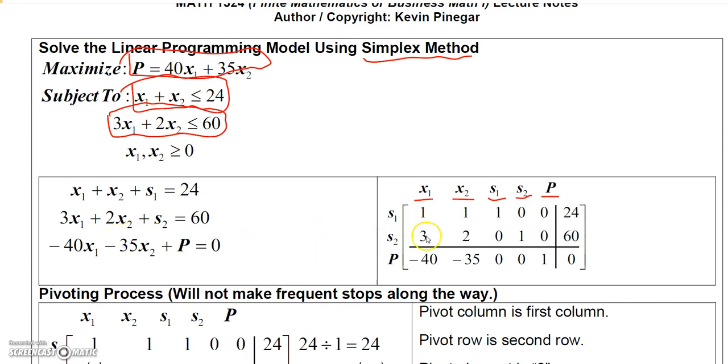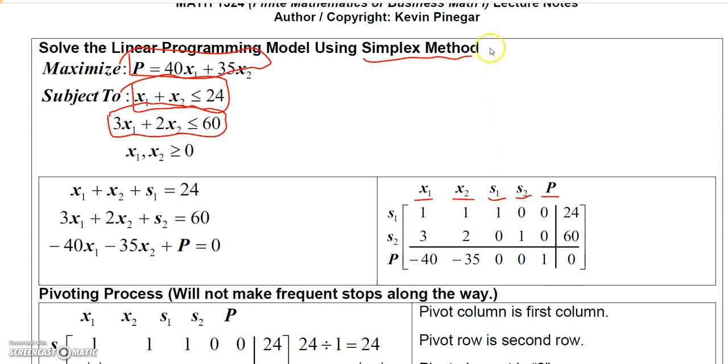The second equation over here, the 3x1 plus 2x2 plus 1s2, and then 60 for the constant. And then the third equation, the coefficient of x1 is negative 40, the coefficient of x2 is negative 35, and then there's no s's, but there is a p, so 1 for 1p, and then 0.